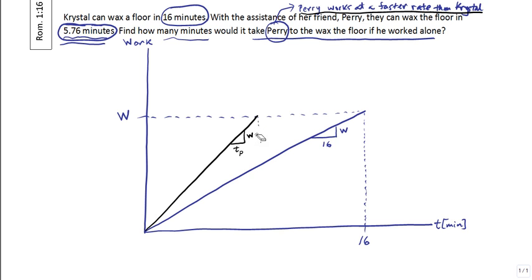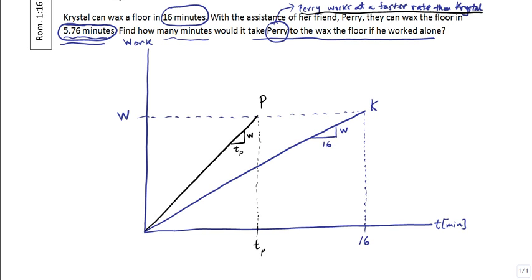So let's see how we can determine this T sub P, the time it takes Perry to do the job. Let me go ahead and label this black curve P and the blue curve K. So that's the Krystal curve, and the black curve is the Perry curve.